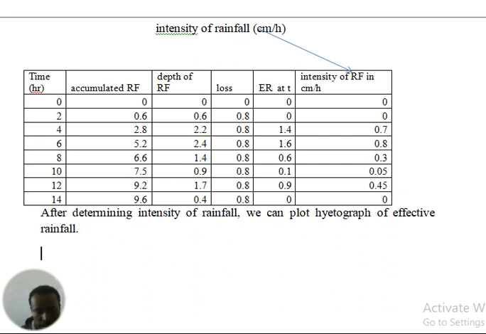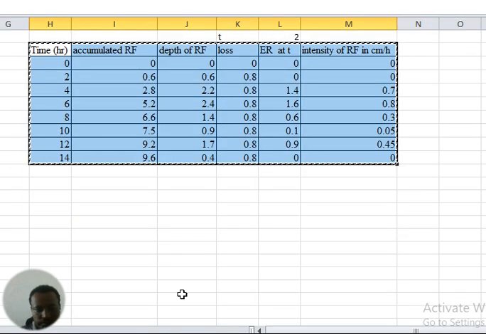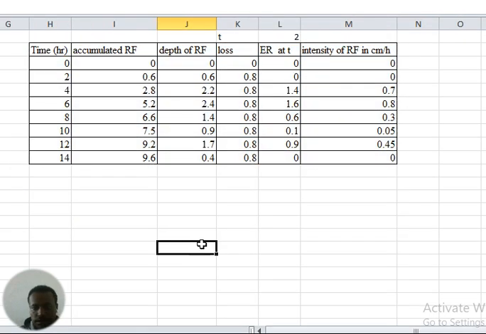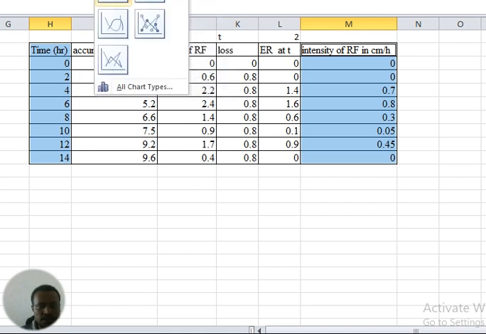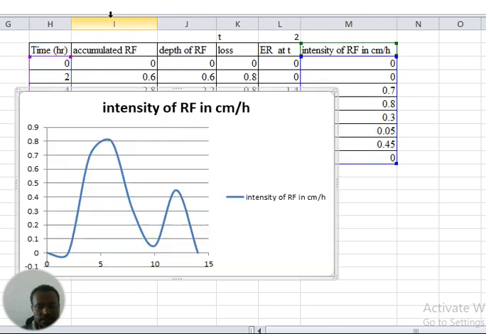To draw it, go to Excel, select the first and the last column, then go to insert, scatter, and select the second one. Change this chart. Yeah, this seems like a hyetograph.